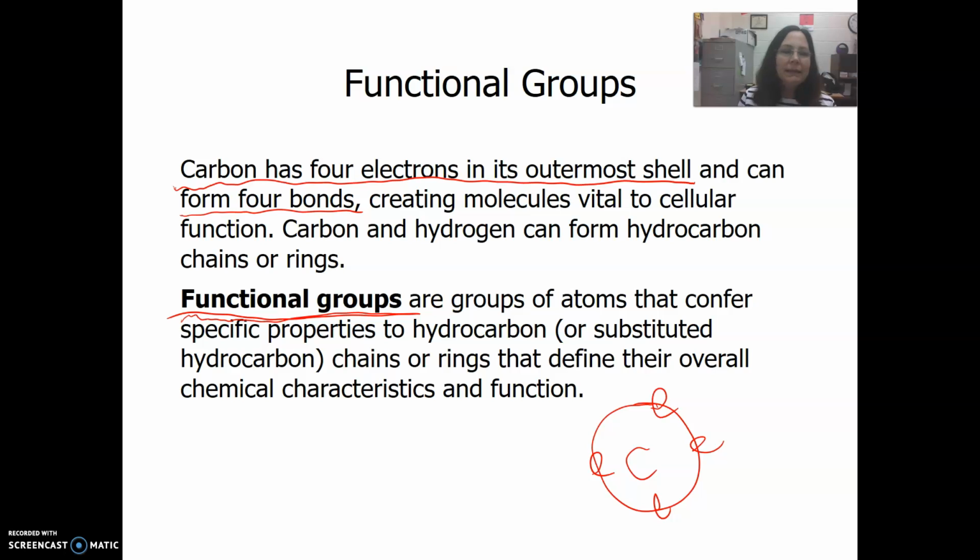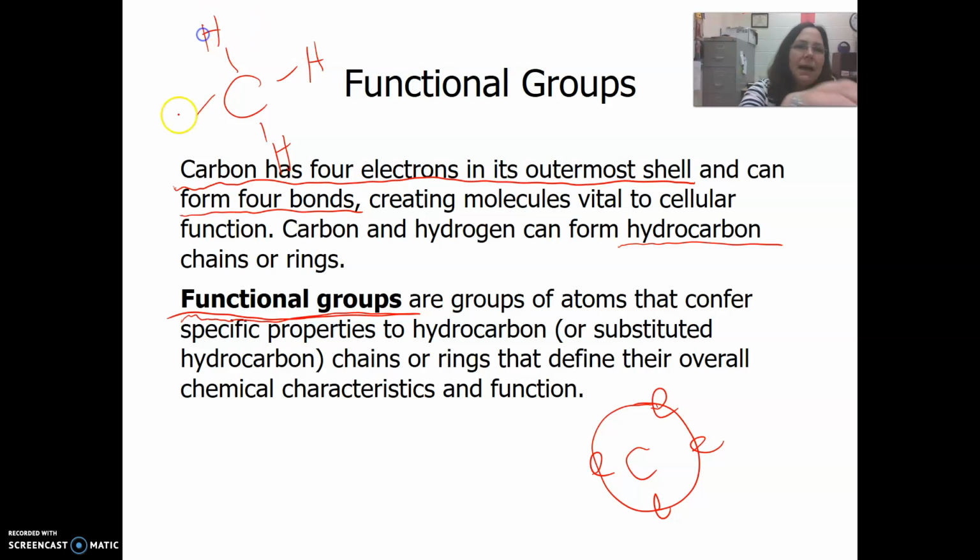Now, one thing that happens a lot of times in organic molecules is they will have rings or chains of hydrocarbons. Carbon can actually form 4 bonds with hydrogen. We just saw that with methane. But sometimes what happens is instead of carbon being bonded to hydrogen here, it's bonded to another carbon and another carbon and another carbon and another carbon. And then all those other carbons are bonded to hydrogen where they're not attached to another carbon.